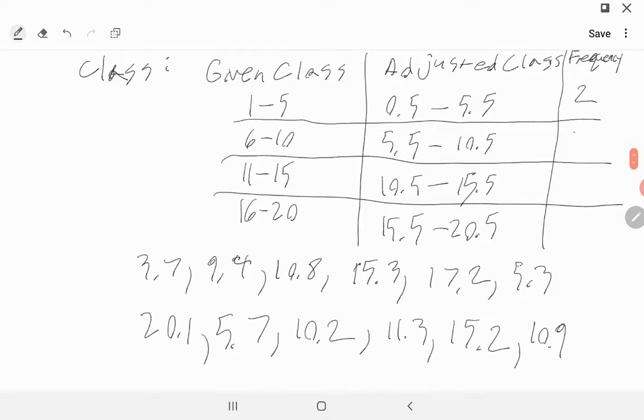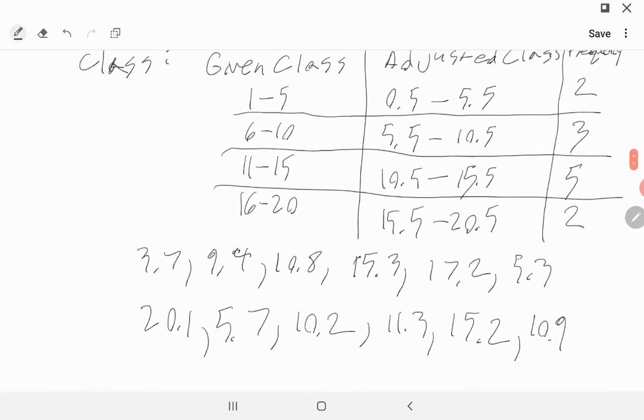So always make sure you're careful about counting. 10.5 to 15.5, we've got 1, 2, 3, 4, 5. And then 15.5 to 20.5, we're going to get 1, 2, just 2. And we notice we can check. We count the frequencies, we've got 12 values. We look at how many values we had. We count off 1 through 12. And so we notice we haven't missed any.